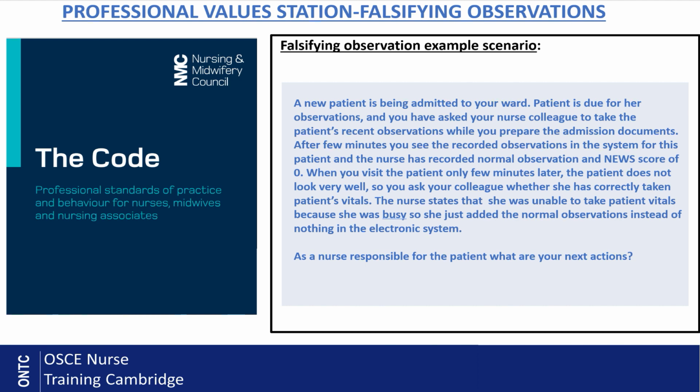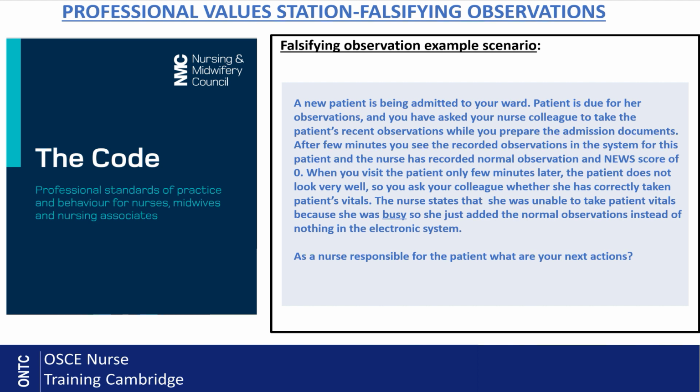Okay, so that's what she did. Instead of doing nothing, she put a normal set of vitals in because she did not have the time to take the patient's vitals. Now you do know this is not honest behavior. So as the nurse responsible for that patient, what will be your actions?